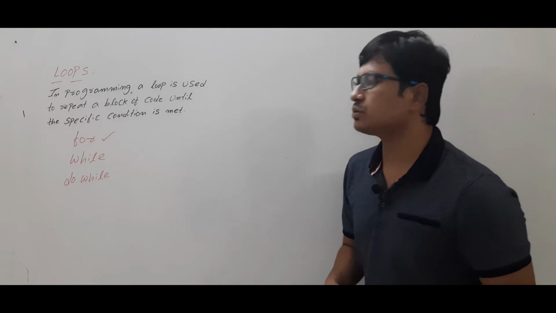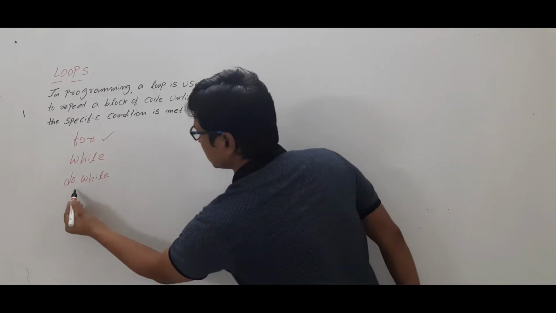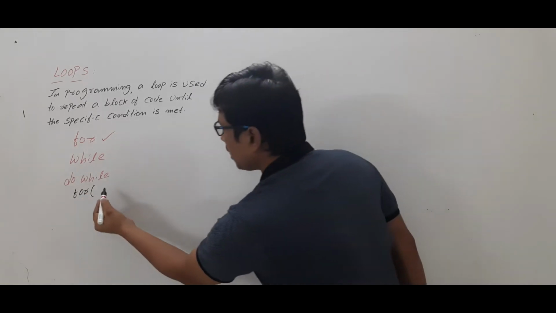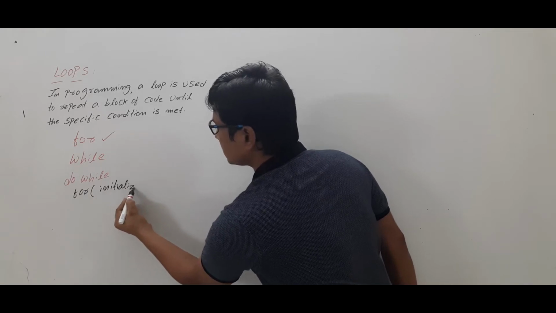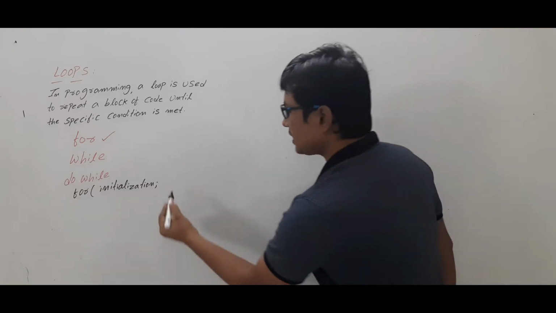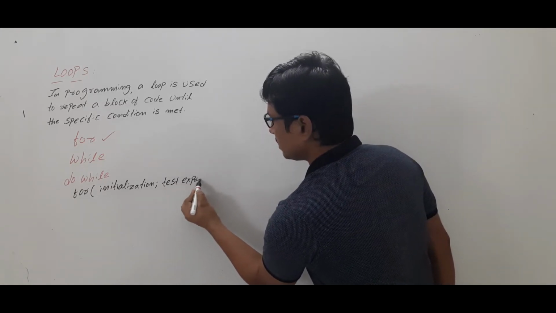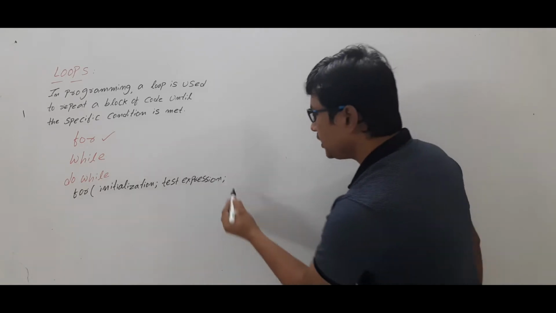Now let me discuss the syntax of the for loop. The syntax of the for loop is that you will have for as the keyword. You will have three sections. One is the initialization section, and you will have a test expression, like the condition checking, and you will have the update section.